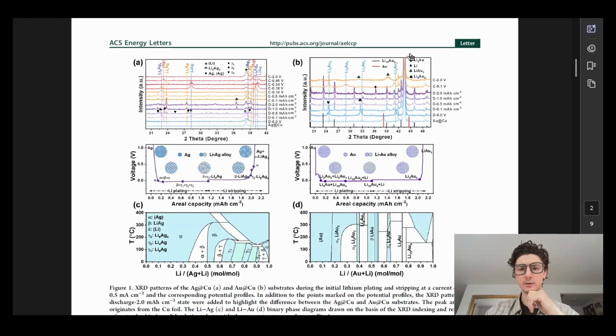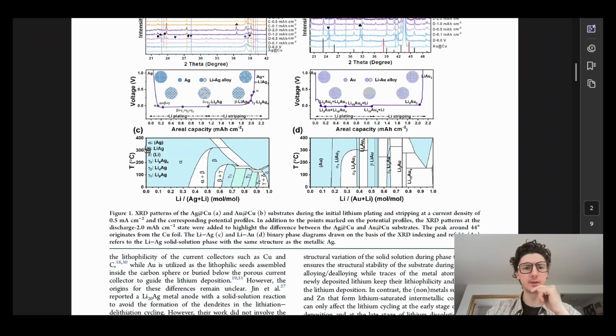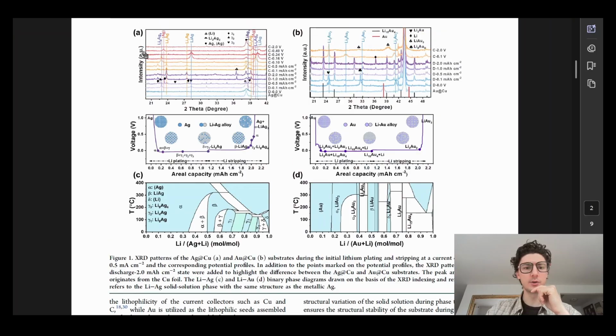There's not one here. So this peak here, I guess. All right, interesting. The lithium silver C, which is here. Also A is linked to this, the voltage as a function of areal capacity plot, for the silver and for the gold.